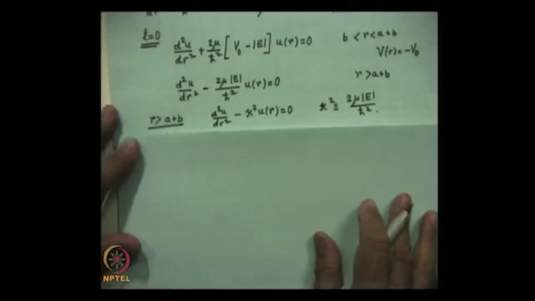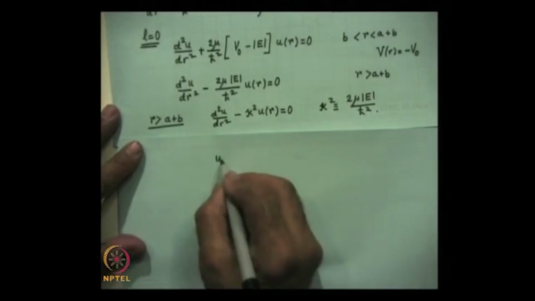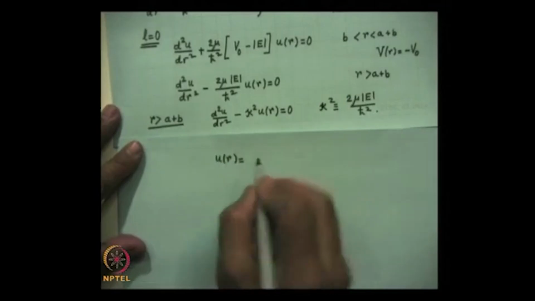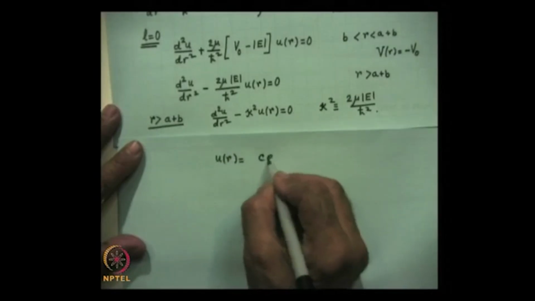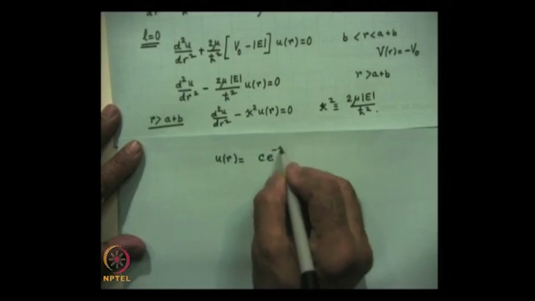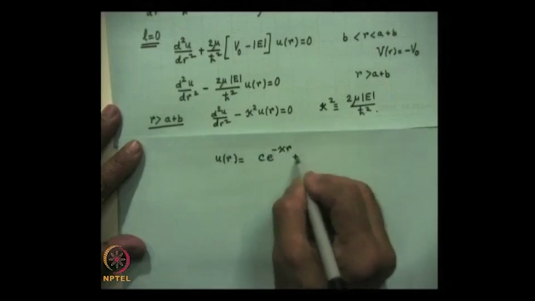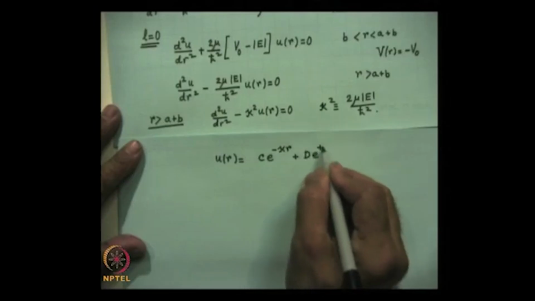As we all know, this has two particular solutions. So, u of r will be, say, C e to the power of minus kappa r plus D into e to the power of plus kappa r.